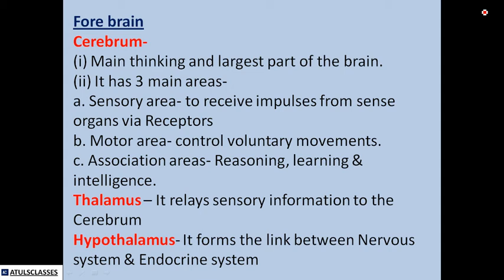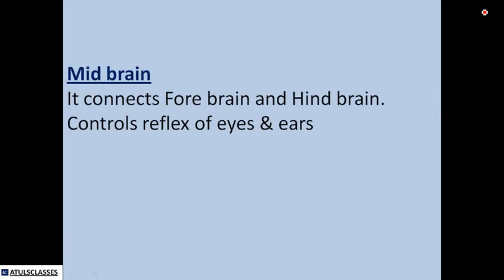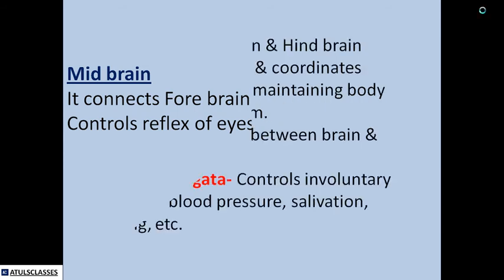Then the second part is the thalamus. It relays sensory information to the cerebrum, and the hypothalamus is the link between the nervous system and the endocrine system. The midbrain connects forebrain and hindbrain, and it controls reflexes of eyes and ears.